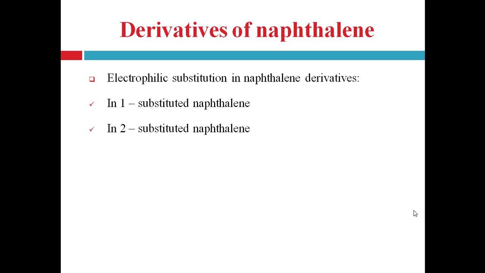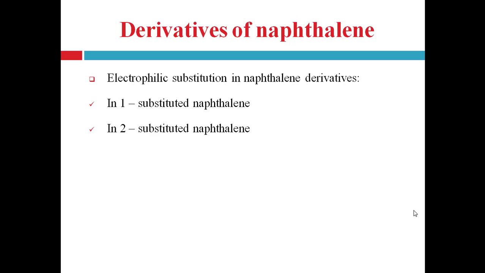Further, if the substituent is a halogen, homonuclear, that's why it occurs within the same ring on which substituent is present. Further, if the substituent is a halogen, right, or amino group, specifically electron releasing group, specifically halogen or amino group is present, then electrophilic substitution is homonuclear and occurs at 5th or 8th position.